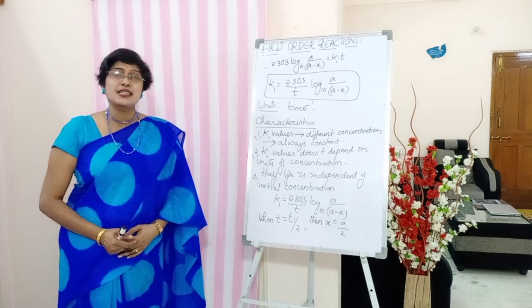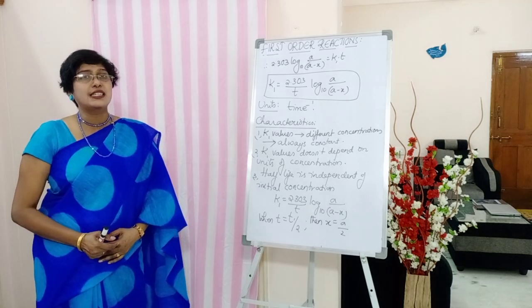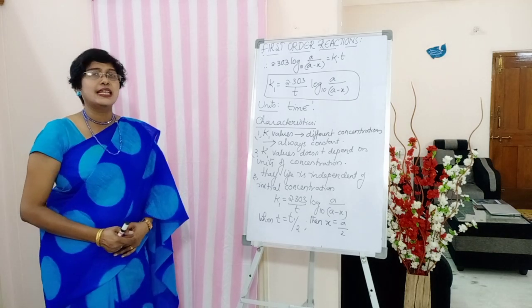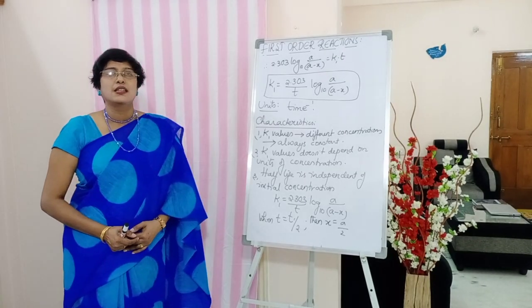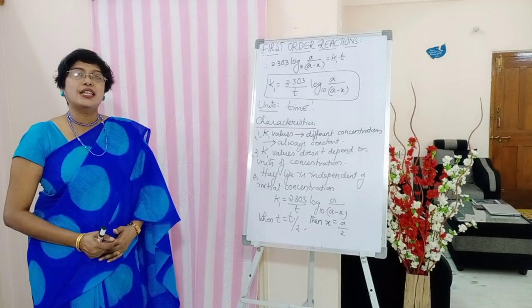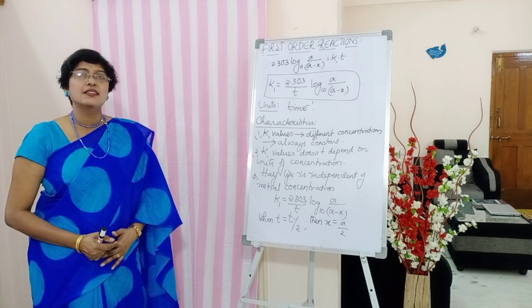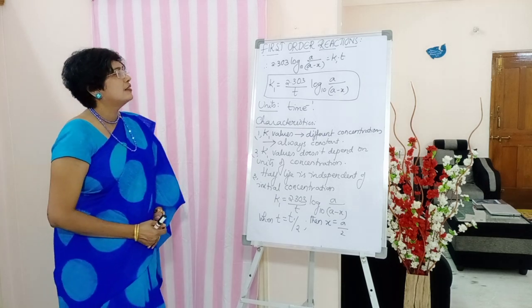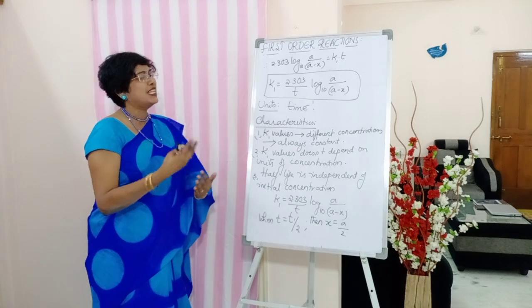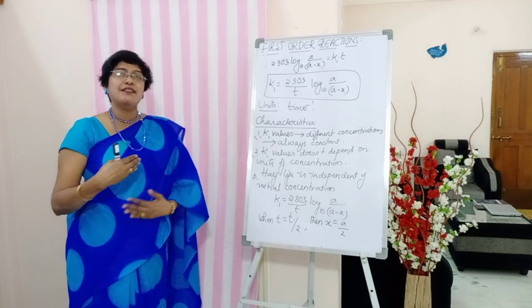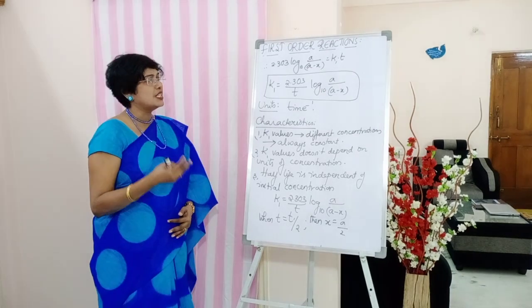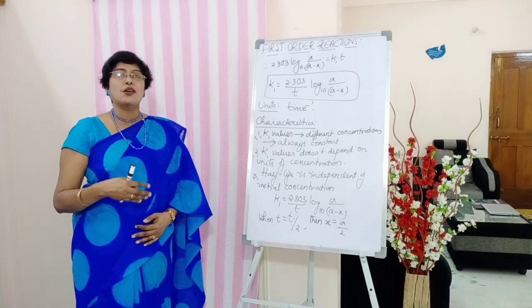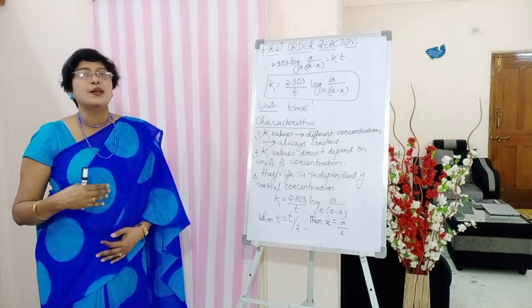From this equation, we can write for k1: k1 is equal to 2.303 by t, since t is with k1, so t will go to the denominator, log of a by a minus x base 10.